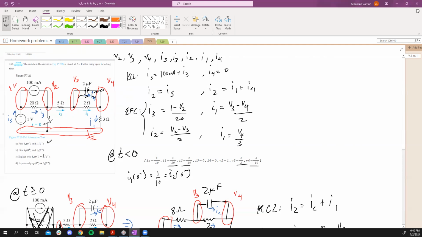Those C and D, I kind of explained them. You should understand how a capacitor works.